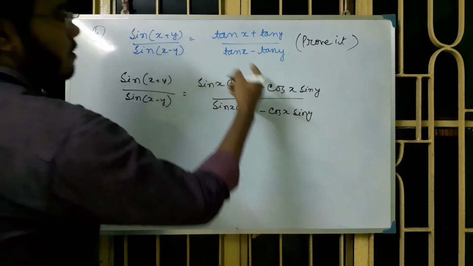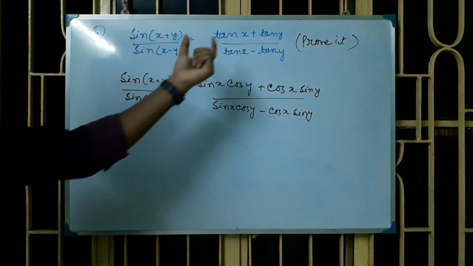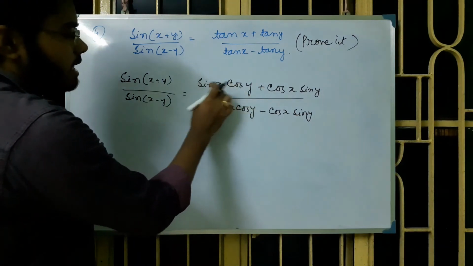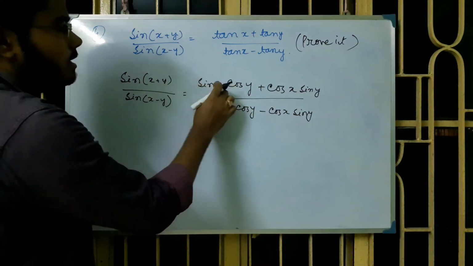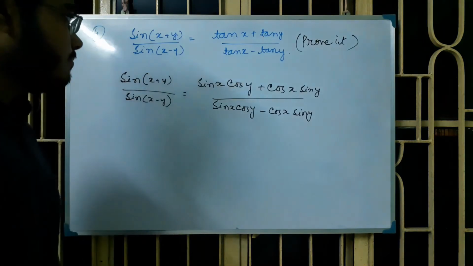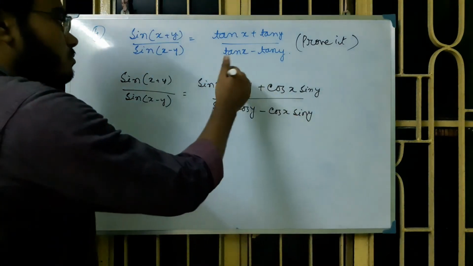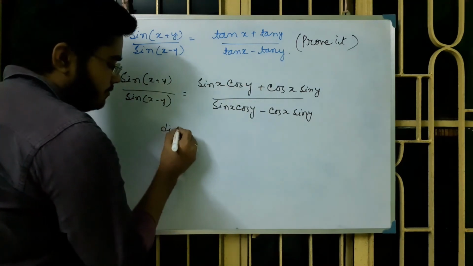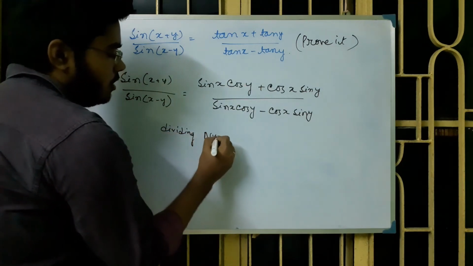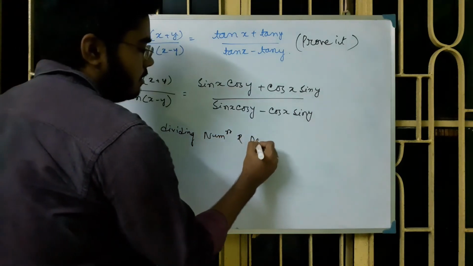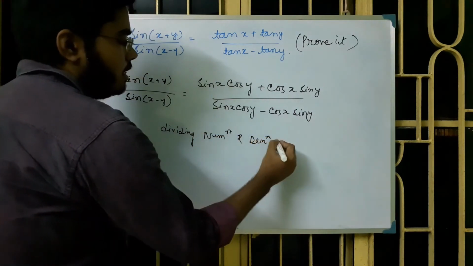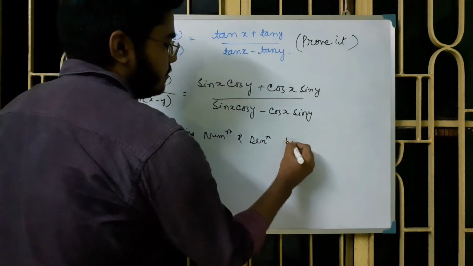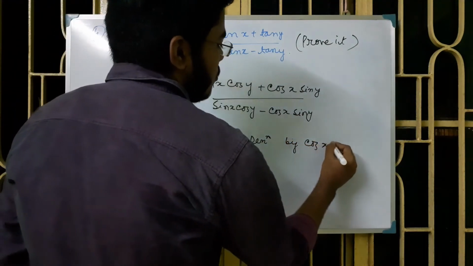Now just think about this. We want tan x and tan y. If we divide with cos x, we'll get tan x, and we also want to cancel the cos y term. So divide numerator and denominator by cos x cos y.